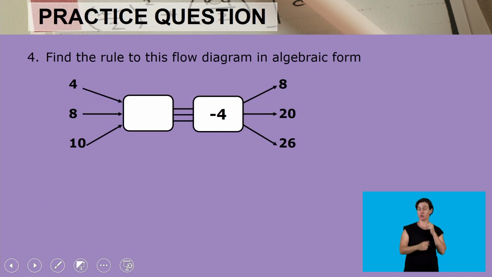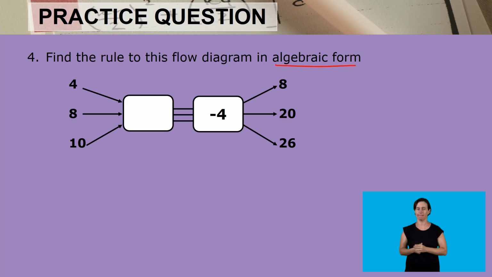It says, find the rule to this flow diagram in algebraic form. Now, firstly, we can see that our rule does have 2 parts to it, but one of the parts is not given to us. So we need to first find the missing part of that rule, then we can write that rule in algebraic form.